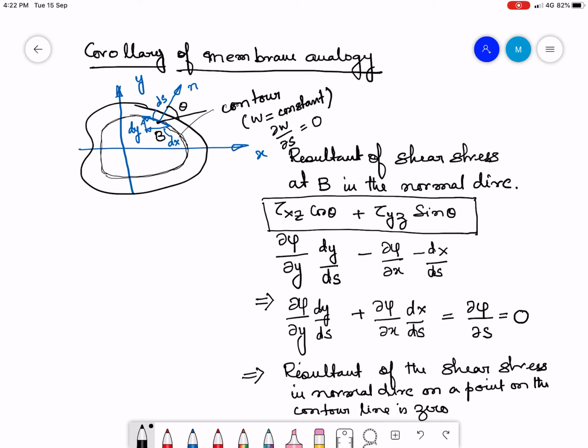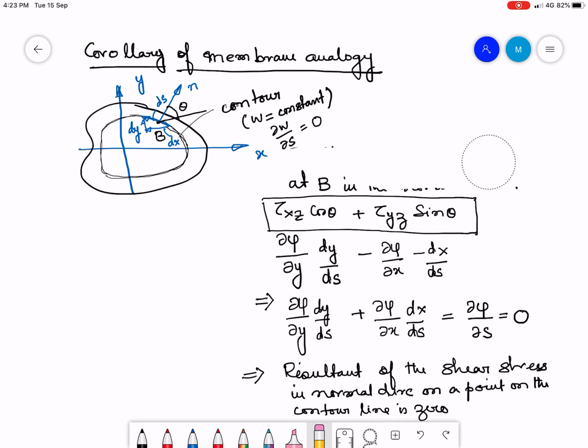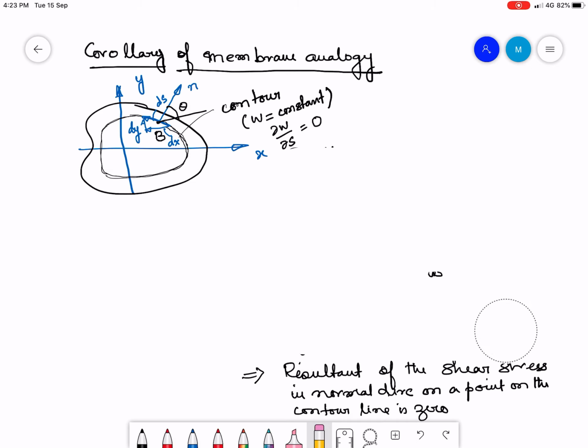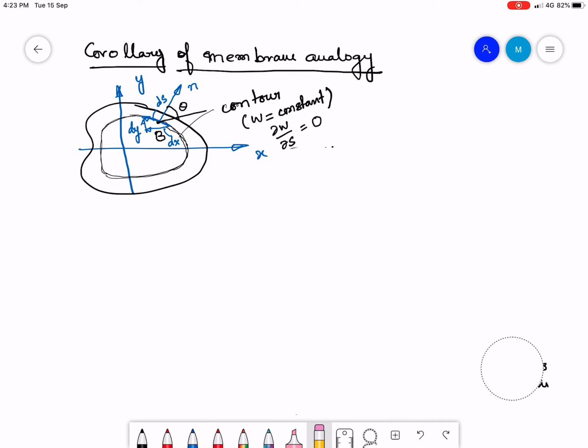Okay. So, now let us go to the next step, that is, we are trying to find out the resultant of the shear stress at P in the tangential direction of the contour. So, let me do that derivation. Let me just erase this off. Okay.